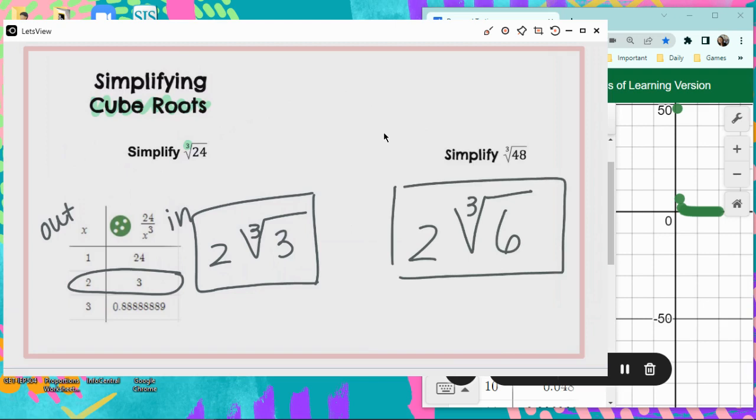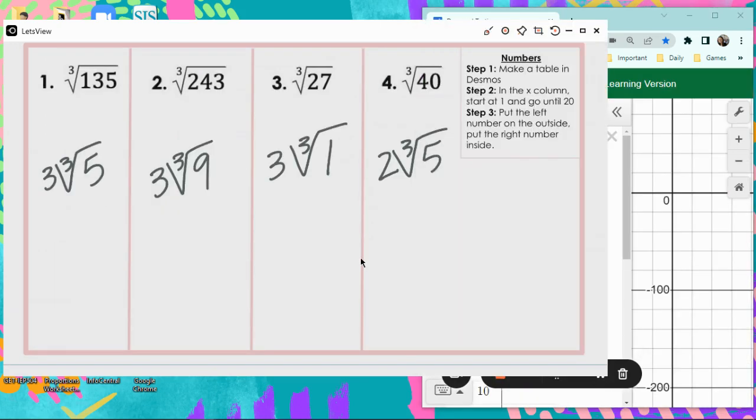All right, go ahead, pause the video here to use Desmos to do questions 1 through 4. We're going to pause at number 5. All right, welcome back. These are hopefully the answers that you got. One of the questions that I want to talk about is number 3.